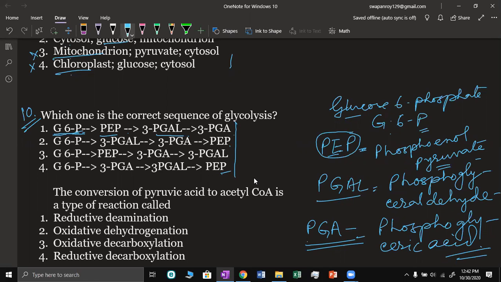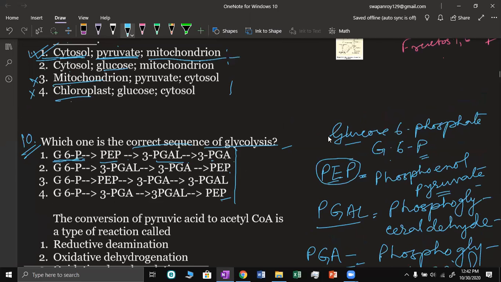This is actually the correct sequence of glycolysis. You may know the entire glycolysis, but if you don't know the abbreviated names, you cannot answer it.